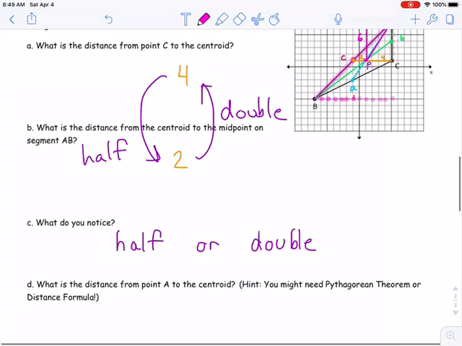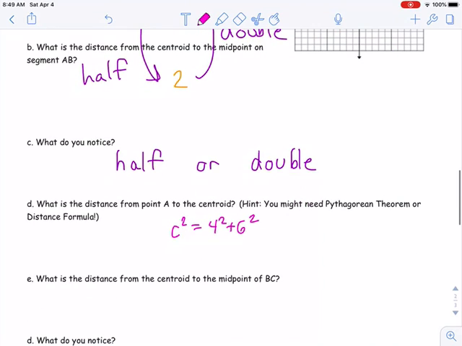So we can use the Pythagorean theorem shortcut. c squared equals 4 squared plus 6 squared. c squared equals 16 plus 36. c squared equals 52. c equals the square root of 52.